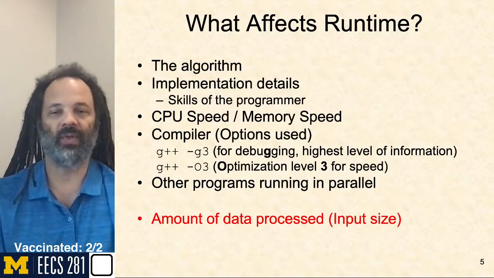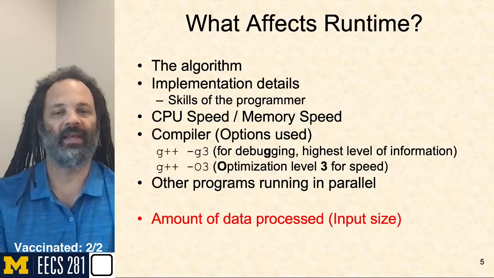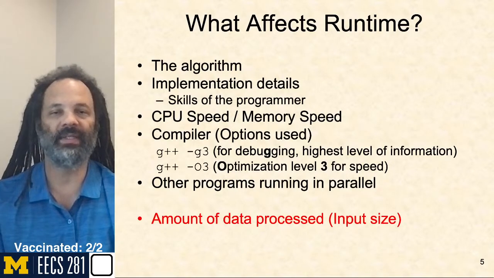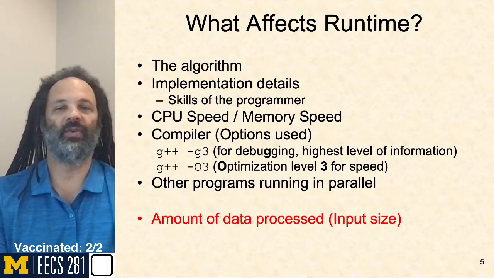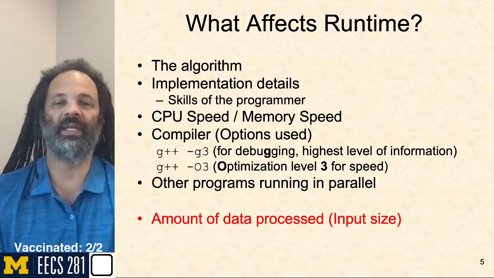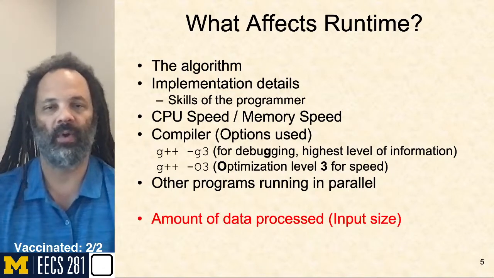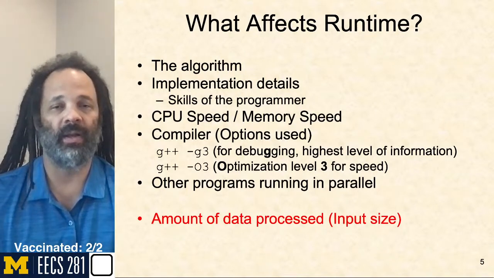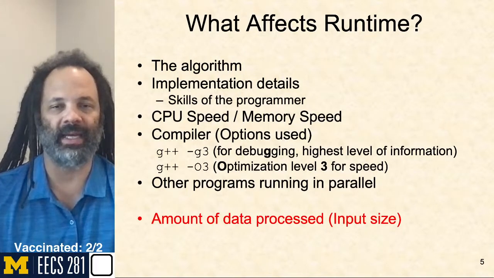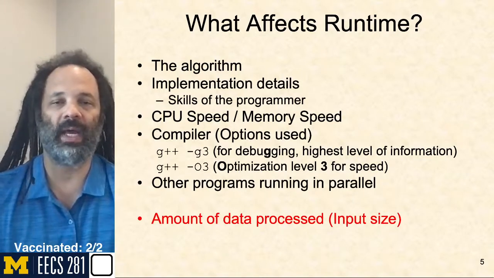How things get built, we'll be trying to make sure that you use some good compiler options. We've got the O3 turned on for release builds in the 281 makefile, and the G3 can be turned on for debug builds. So the G3 is the highest level of debugging information that gets included with the runtime, so that then later on debugging tools can take a look at where they are in the code, and you can even see the code as you're stepping through it.